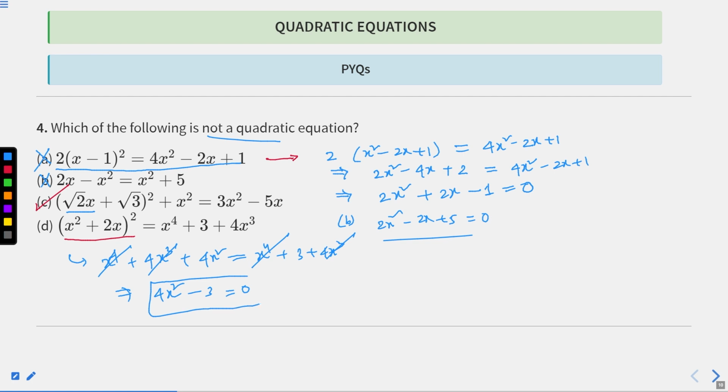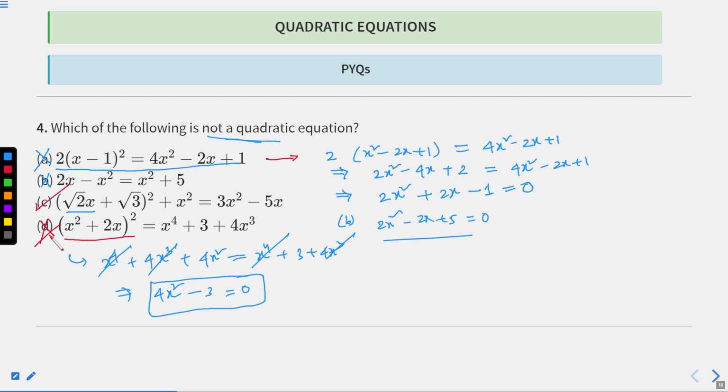So this equation is of the form ax square plus bx plus c is equal to 0. So this equation (x square plus 2x) whole square equal to x to the power 4 plus 3 plus 4x cube is a quadratic equation. According to the question we need a non-quadratic equation, so option D is a false option. So here the only correct answer is option number C.